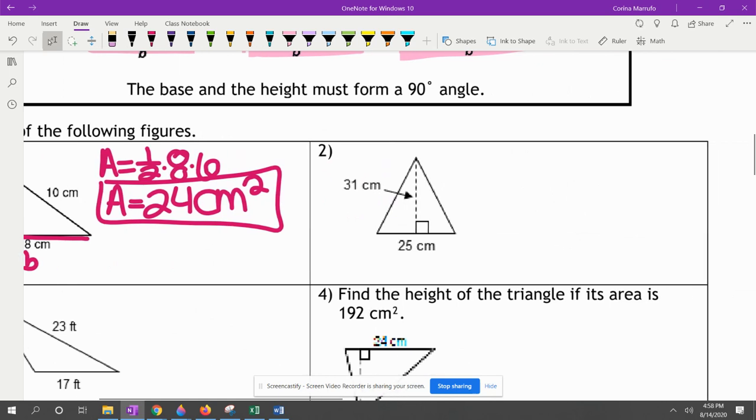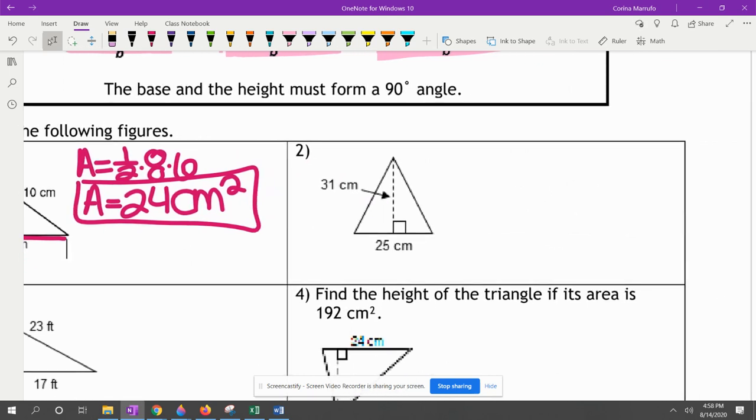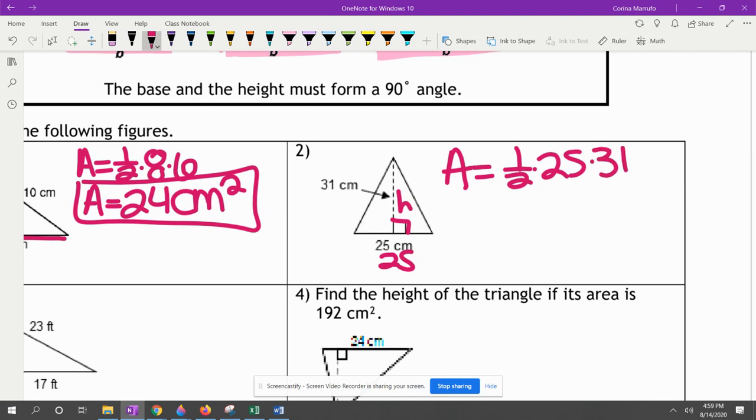Okay, let's look at the next one. Here we have 31 is our height. And our base is 25. These are the two that make this right angle. So area equals 1/2 base times height. So my base is 25 and my height is 31. So we go ahead and plug that in our calculators, and that gives us 155 centimeters squared.